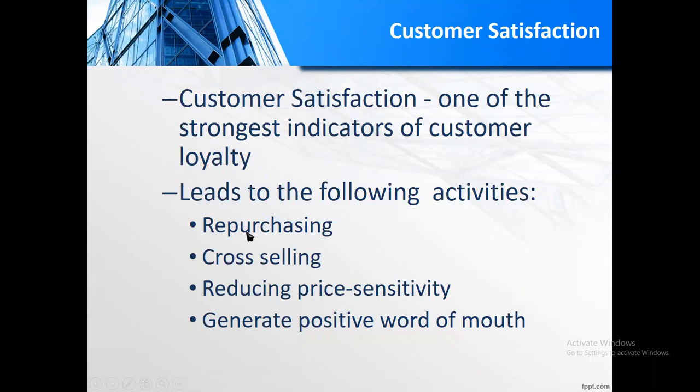Sabi nga natin, customer satisfaction and customer loyalty will lead to repurchasing. Ano yung repurchasing? Bibili ng bibili yan, no? Ano yung cross-selling? Ang cross-selling, guys, pag may ibang produkto yung company, madali mo ibenta din sa loyal customer. So hindi lang yung product na pinapatronize niya. Cross-selling refers to other products can be offered to that customer kasi loyal na siya.